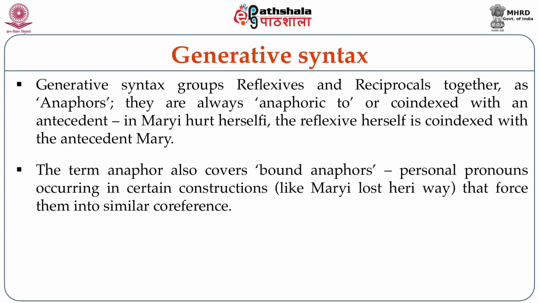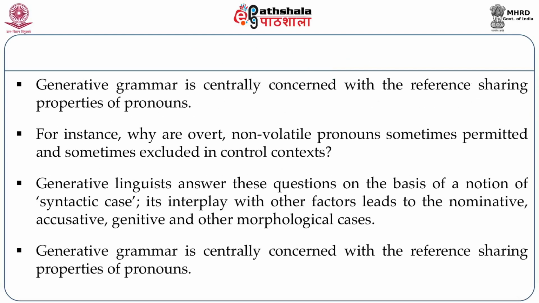So you've got John craned his neck, Mary lost her way, Susan lost her temper. There are these special constructions in which bound anaphora occurs. So what have you got? You've got anaphor, a special technical term in generative grammar for words that are anaphoric all the time. And you've got a sub-classification of anaphors into 3 classes.